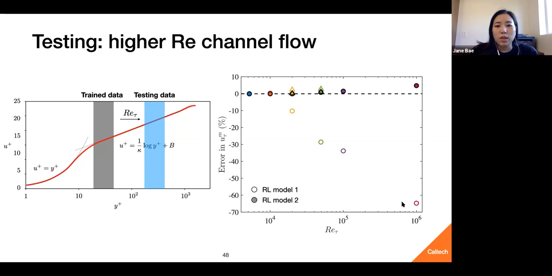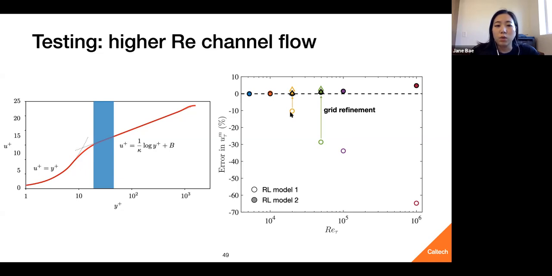So one way to mitigate that is to actually refine the grid. So if we refine the grid, we can bring down this range of y plus for the testing data close to where we trained on. So these triangles here indicate when we do grid refinement. So when we refine the grid so that our observation point aligns with where we trained on, you can see that there's a vast improvement in the error.